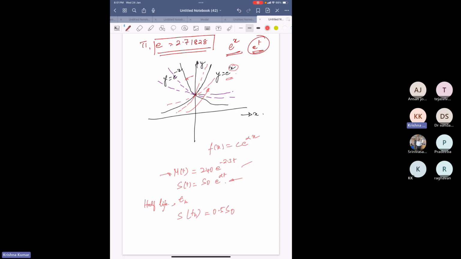So this is our interest. Generally we will take alpha and substitute this. So when does this become half of the initial value? How do I do this? I will substitute this in this expression. So 0.5 S naught is equal to S naught e power alpha t.